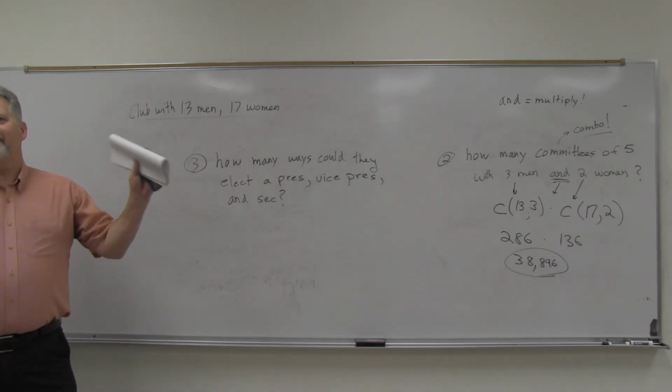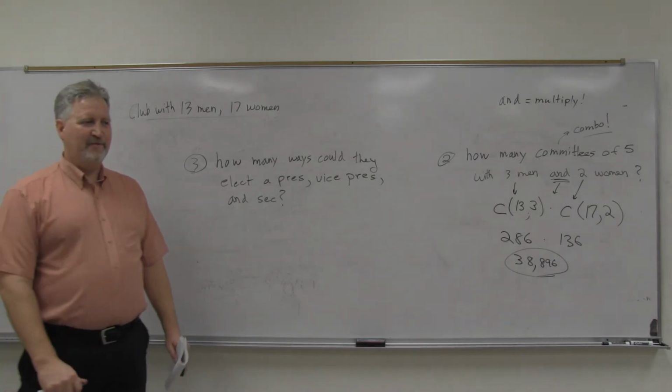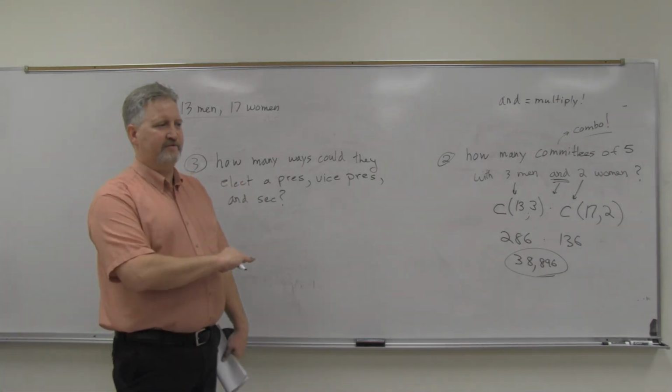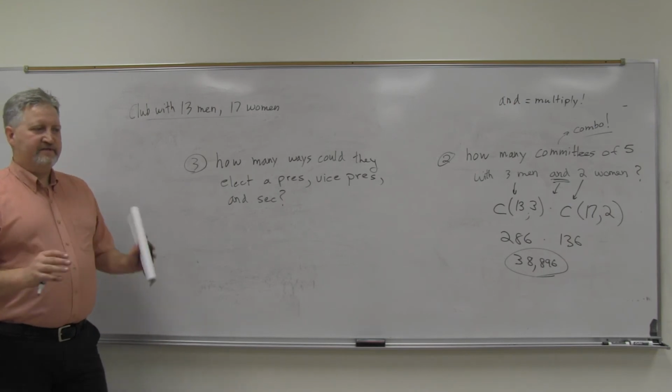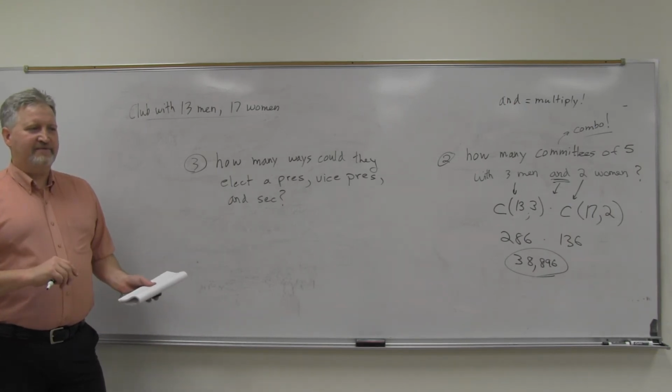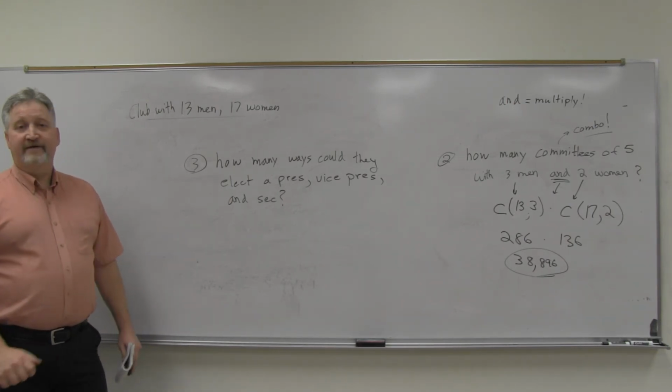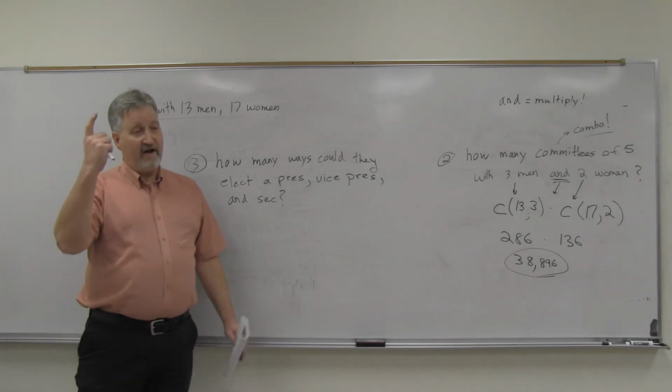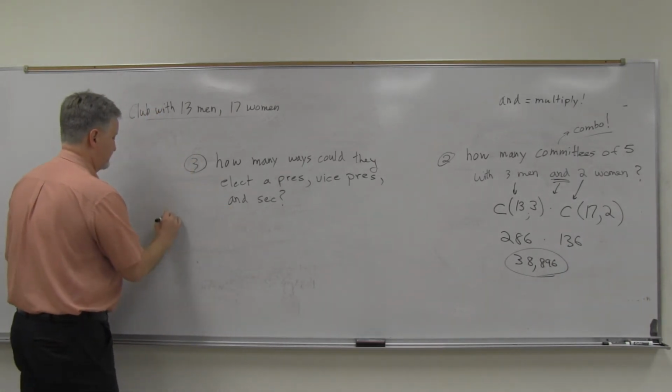So again, the first question you should ask when you encounter these problems, because sometimes it'll tell you it's a combination, but if it doesn't tell you what it is, you better ask this question. Is this a combination?